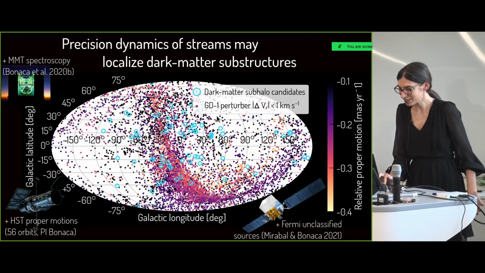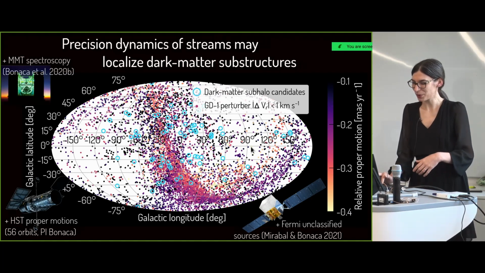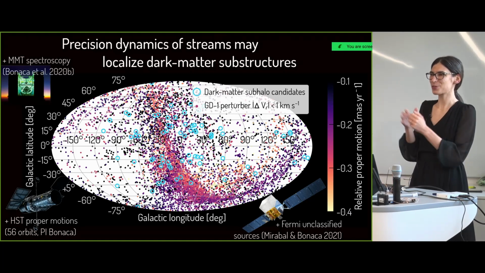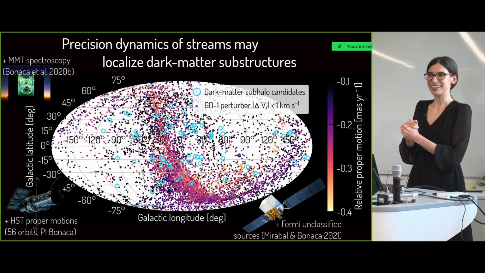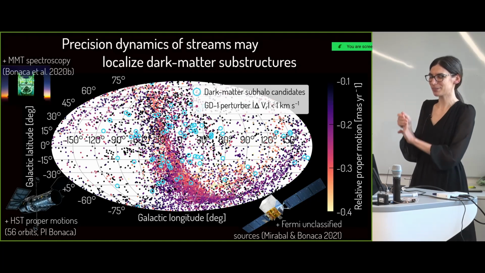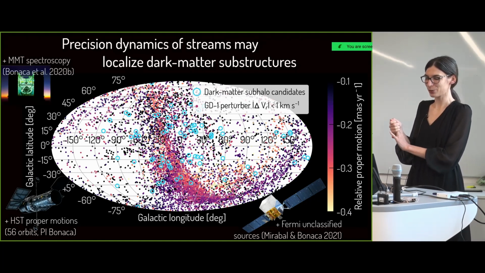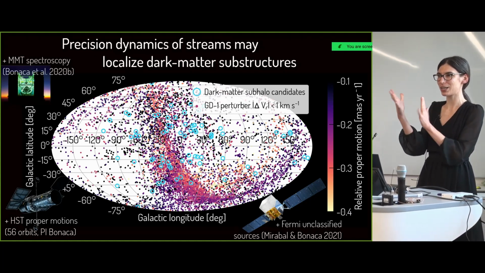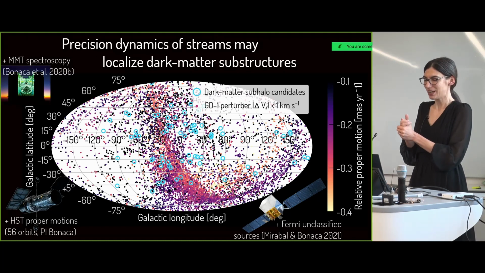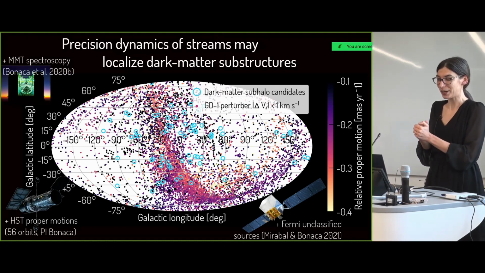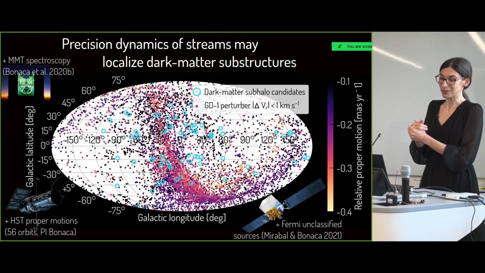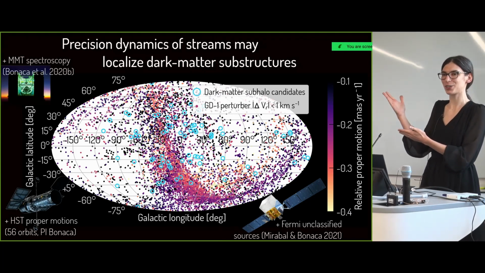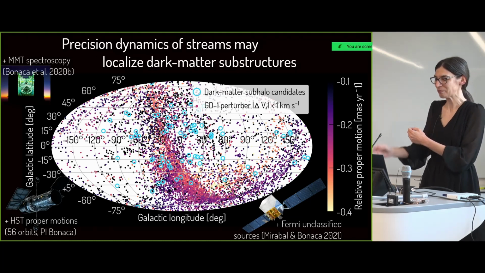Those are the sources shown in blue, and there's a number of them. The distribution is not small enough to allow any concrete solutions, but I think it charts the way into the future: if we do better in constraining this from the gravitational aspect, then if we have a detection of a dark matter subhalo, we might actually be able to have some multi-messenger aspect to the study as well.